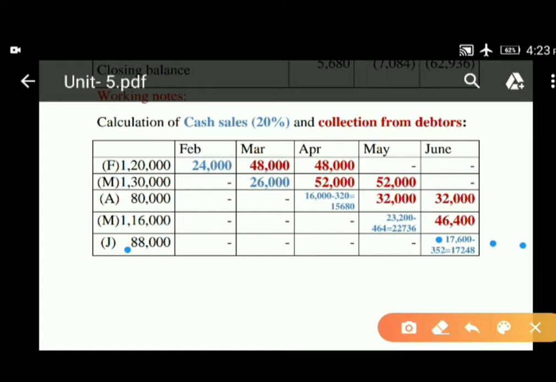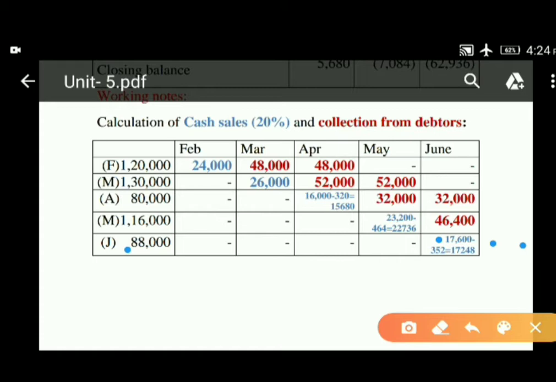Okay, right now, if you observe it clearly, the amounts indicated in blue color are cash sales monthly wise, and the amounts indicated in red color are collection from debtors, that is called credit sales.